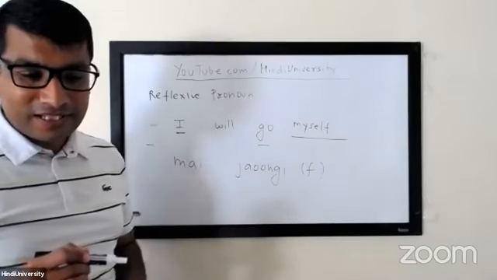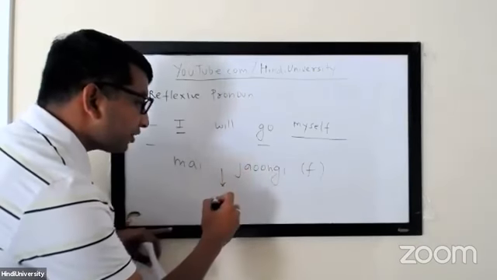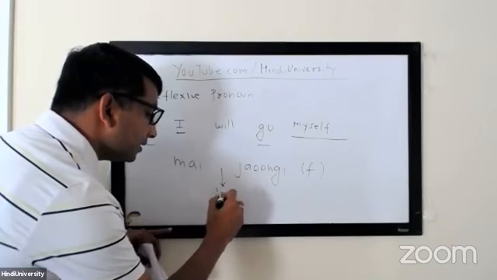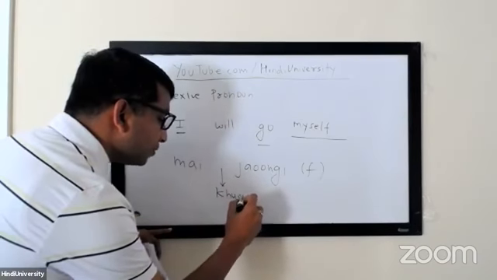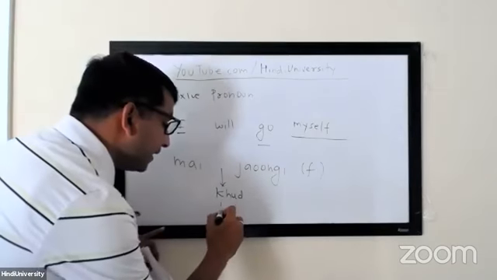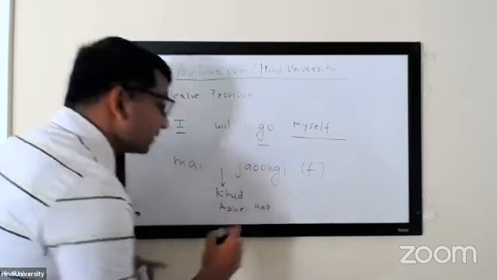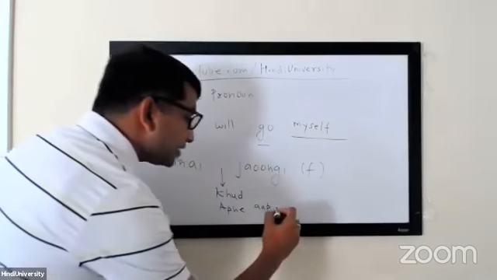Olina ji? मैं खुद जाऊंगी. Very good, right? All you have done is, instead of saying मैं जाऊंगी, you put in here मैं खुद जाऊंगी. You can also say मैं अपने आप जाऊंगी. You can also say मैं स्वयं जाऊंगी.